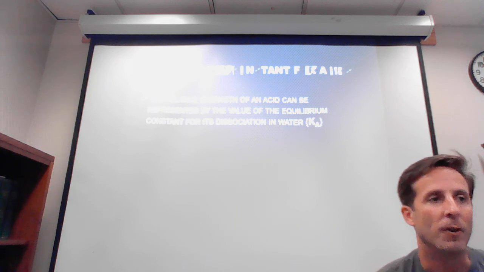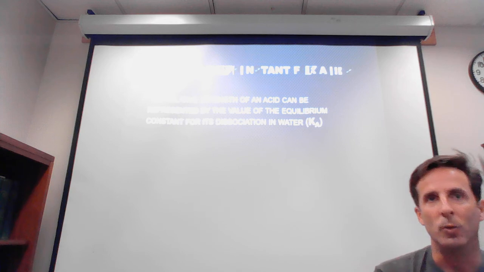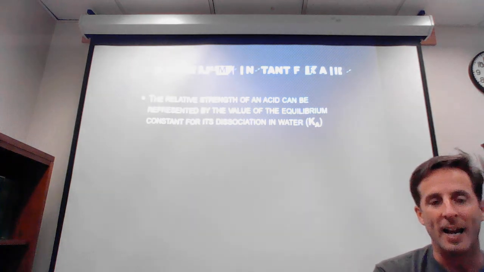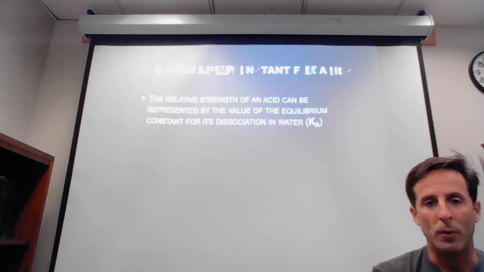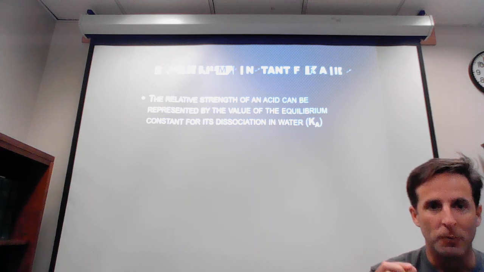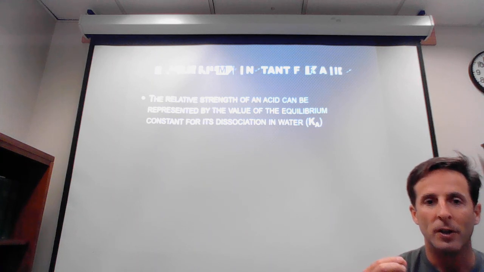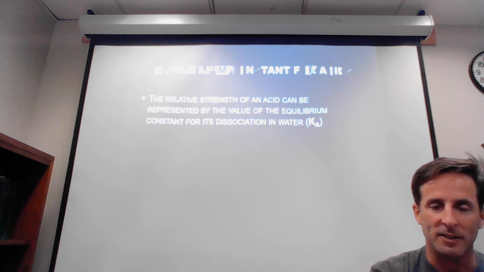All right, for let's say acetic acid, which is a weak acid, its Ka value is 1.8 times 10 to the minus 5. That's a very small number, which tells me that when I put acetic acid in water, only a small percentage of the molecules are actually going to dissociate.